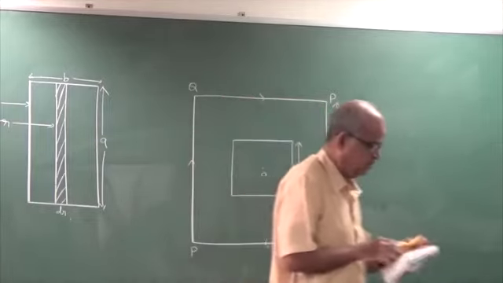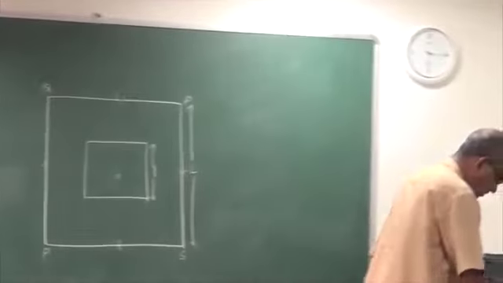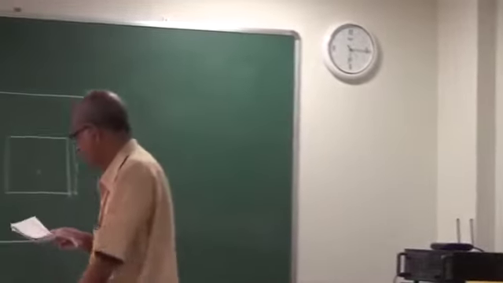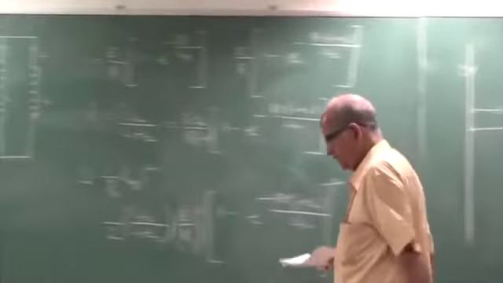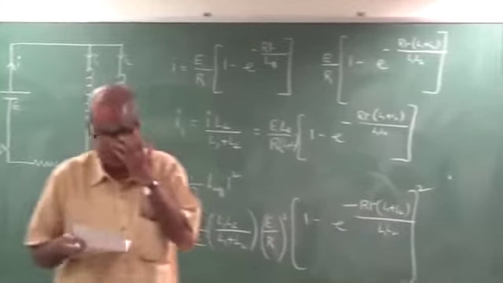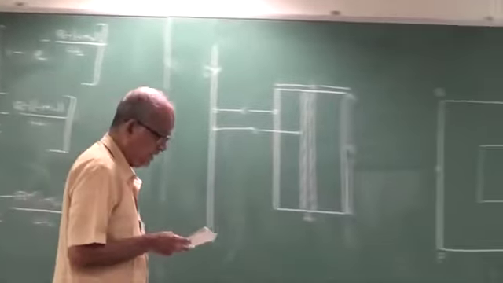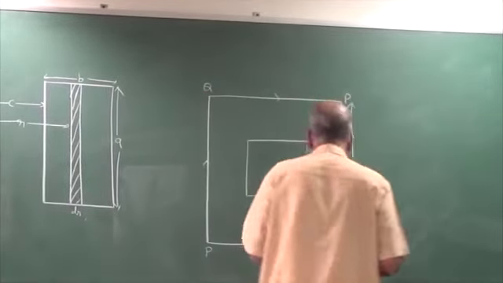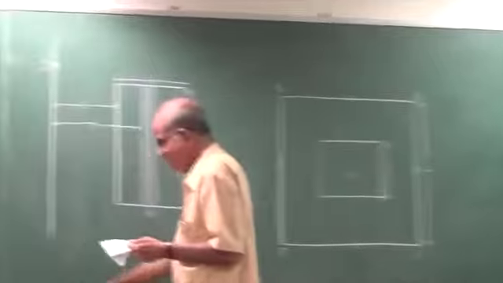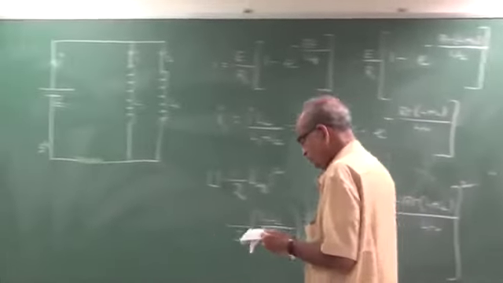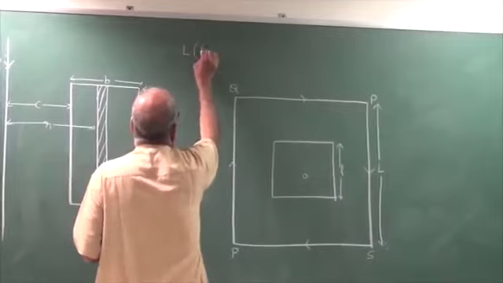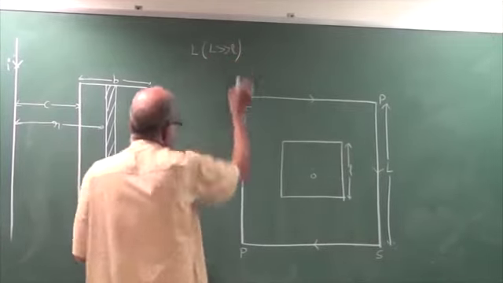A small square loop of wire, side small l, is placed inside a large square loop of side capital L. Inside the bracket you write capital L is much greater than small l.